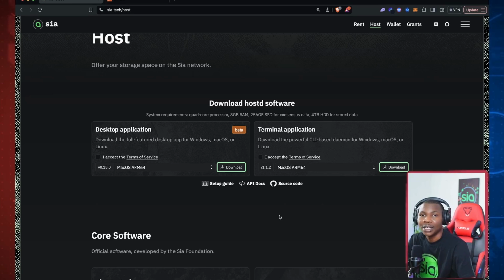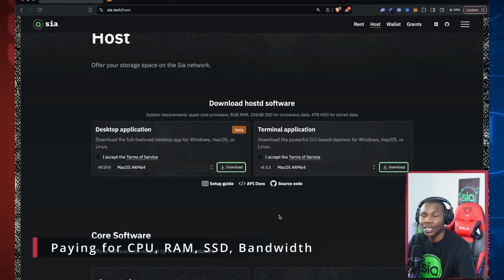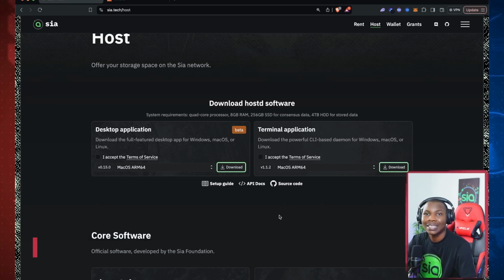This contract determines the terms and conditions for the tenancy, for you to host their data. It also determines how much they are paying for the rental space that they get from you. It determines how long their data is going to stay on your machine. There's a whole lot about that, and you will see this angle that has to do with contract when we start setting up our renter application.